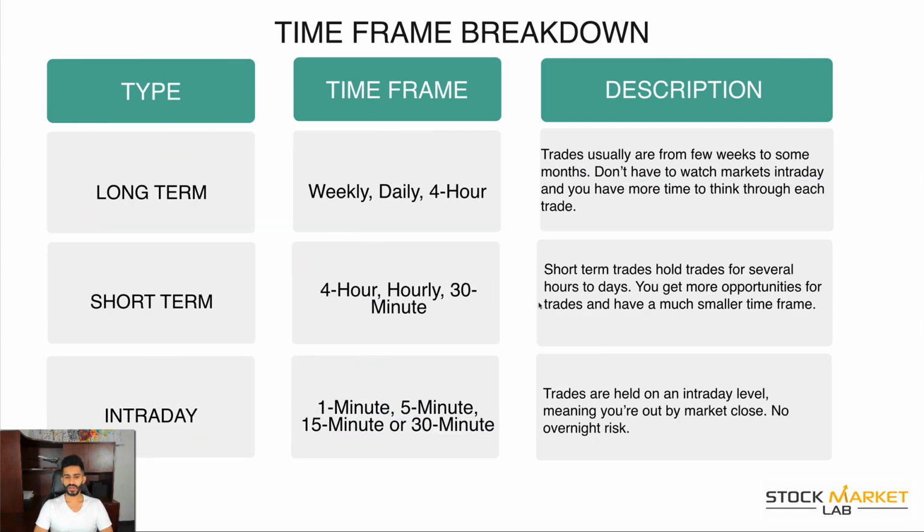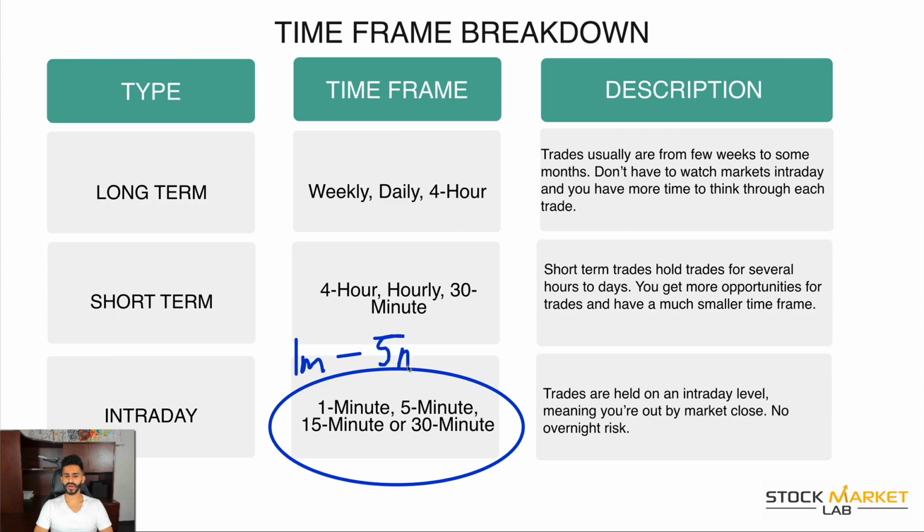Now, even though these are the different time frames for different types of traders and focuses, we're still doing a top-down approach always. So even if, let's say, you're a day trader and you're using an intraday time frame and you're like, oh, well, I just got to use the 1 and 5 minute. Yeah, that's where your entries and exits are coming from. But you are still doing the top-down approach.